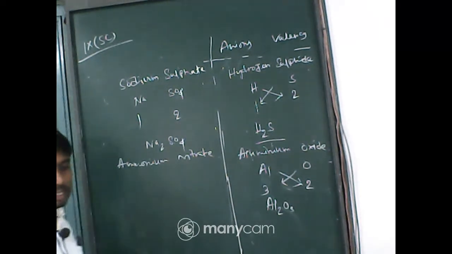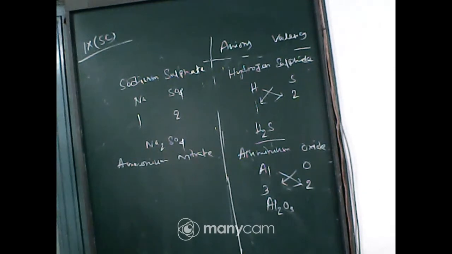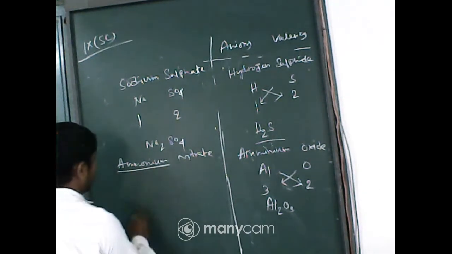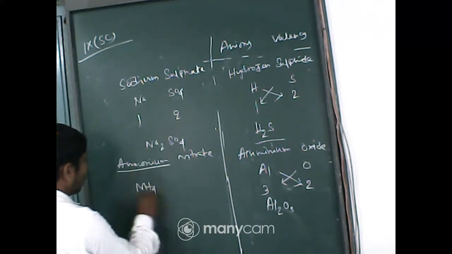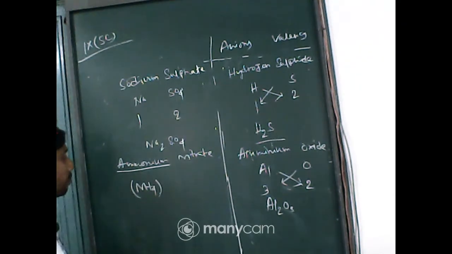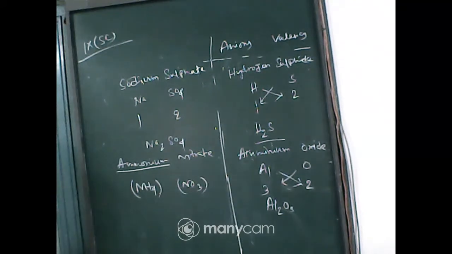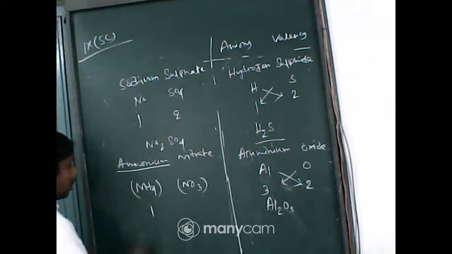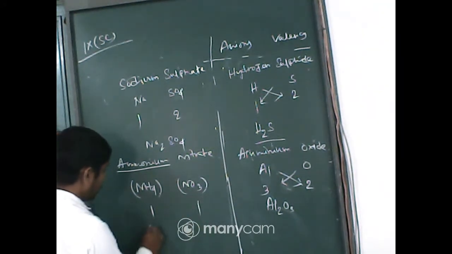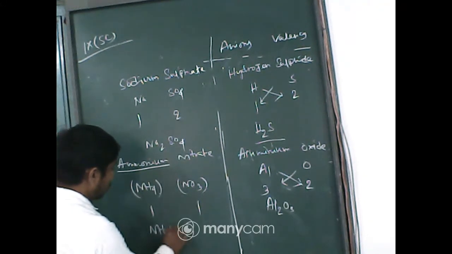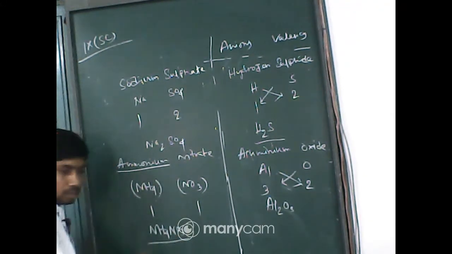Okay, just take the chart. This is very simple. So, ammonium is NH4, it is the formula for ammonium. Another one is nitrate, it is NO3. Now, follow their valencies. It is 1, it is also 1. So, it will be NH4NO3.